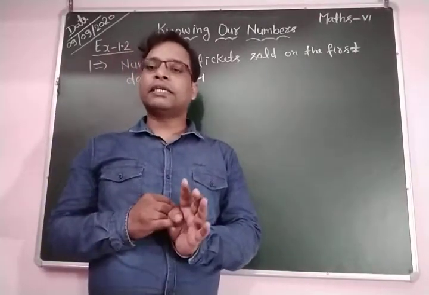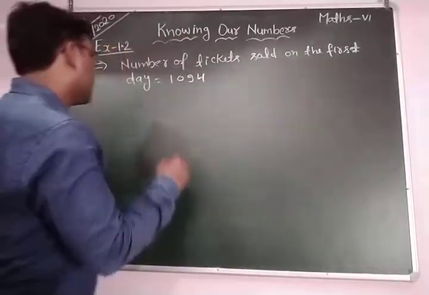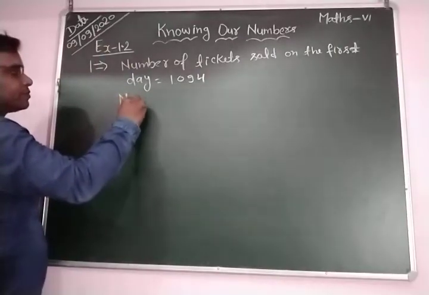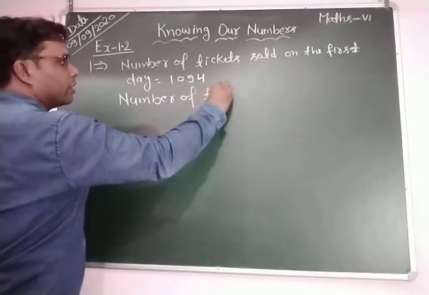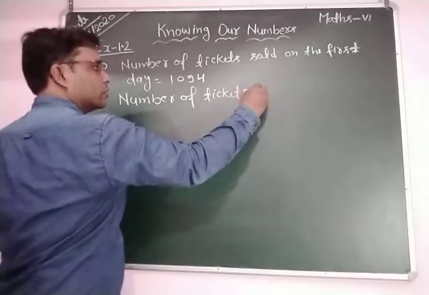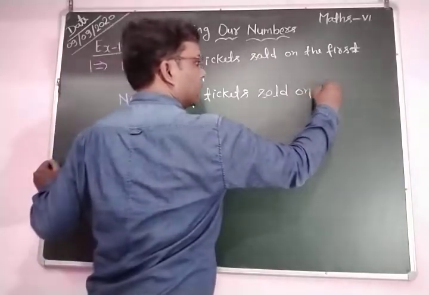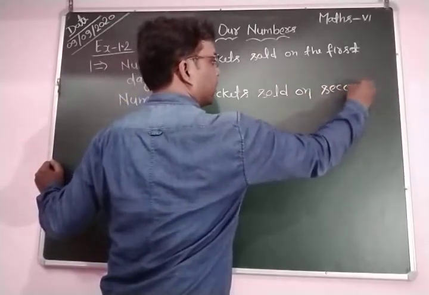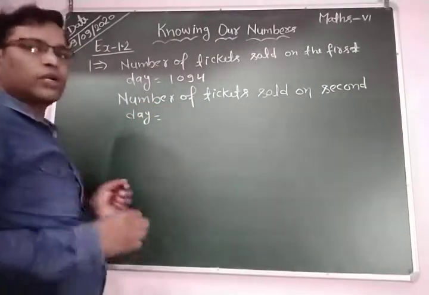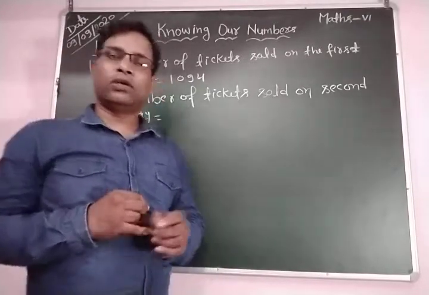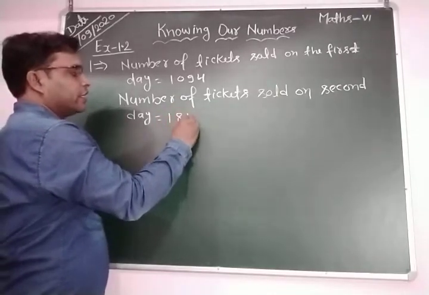Now the number of tickets sold on the second day is 1812. So you can write here, number of tickets sold on the second day is equal to 1812.